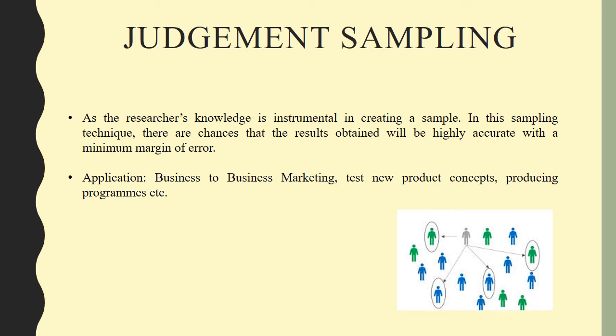So here the application of judgment sampling can be in business to business marketing, B2B marketing, testing new product concepts, producing programs, etc. Many applications are possible, and most of the time researchers who want the survey to be completed, if they want to go with their own comfort zone, will choose judgment sampling. So this is regarding judgment sampling.